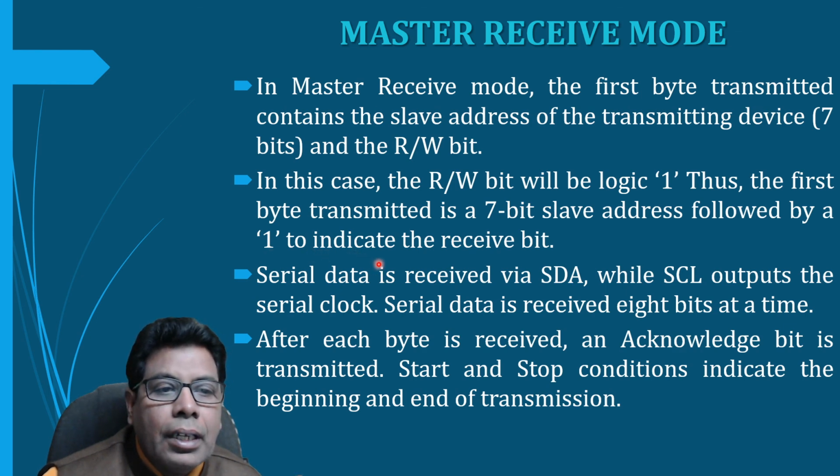Then the serial data is received via the serial data line, and SCL will be used as the clock. Again we receive the serial data in byte form, 8 bits at a time. After each byte is received, an acknowledge bit is transmitted. So the master will transmit the acknowledge bit now.